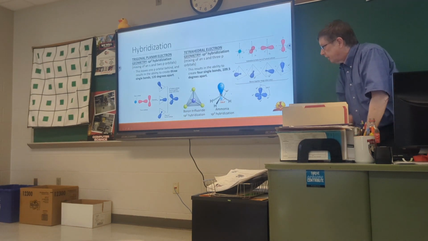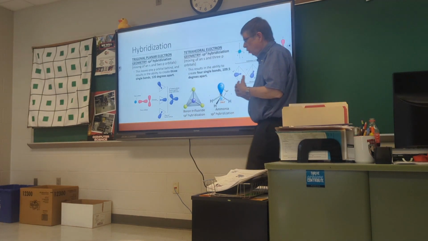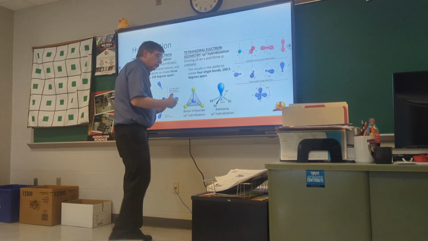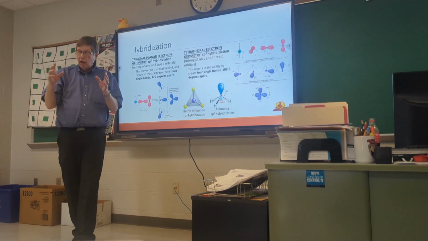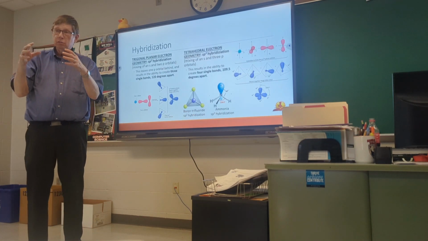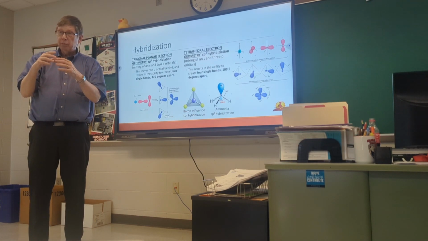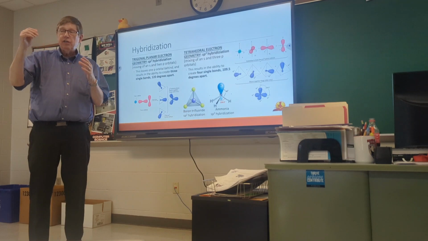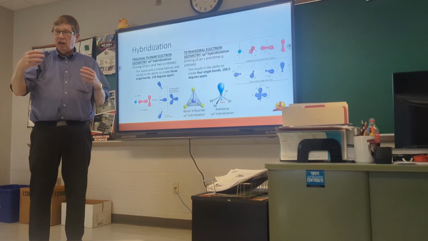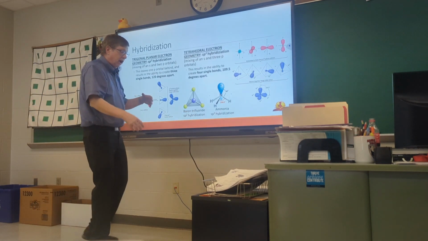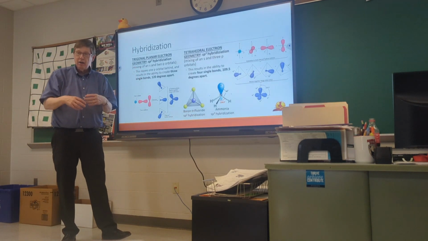Hybridization. This is when we take the orbitals for two different levels, like S and P, and the two merge together and end up in a different shape than either the S's or the P's. And that is hybridization. We've got a hybrid shape.